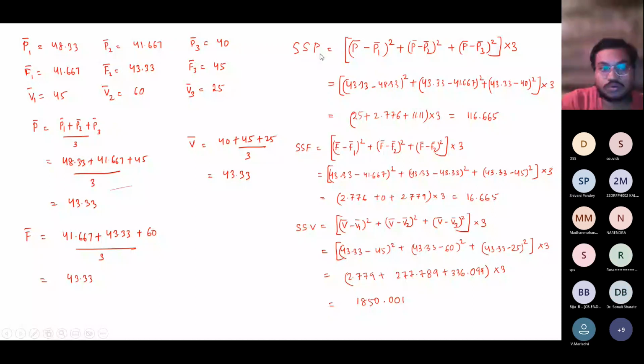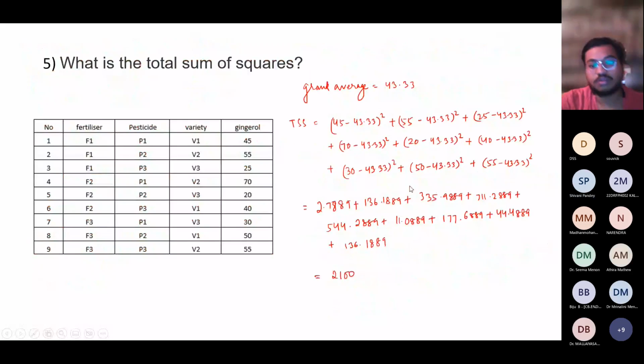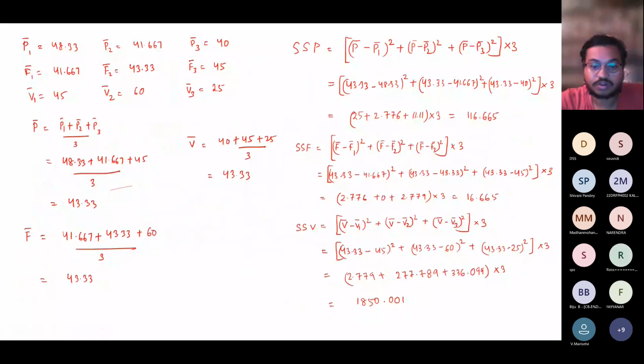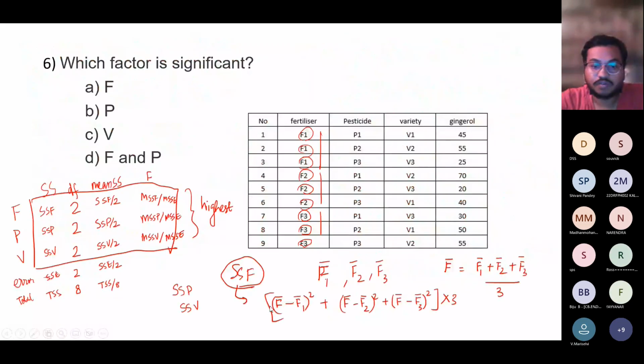The total sum of squares was this: we just subtract each observation from the mean, take the square and add it. So why are we multiplying each treatment by 3? For each treatment, when we calculate the sum of squares, we subtract the mean of the whole group from each of the observations and then add it.